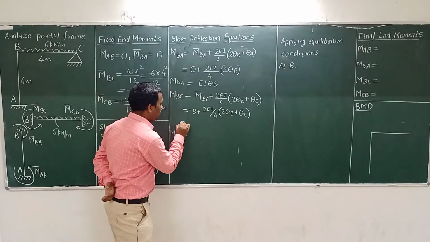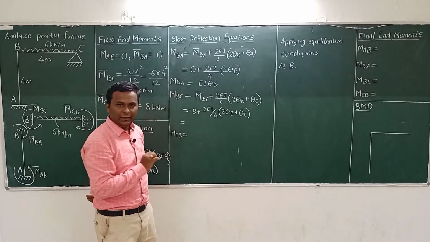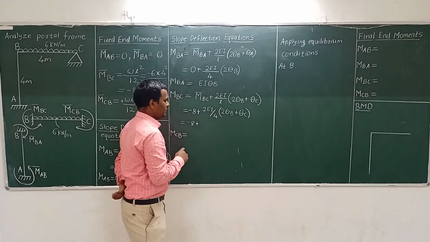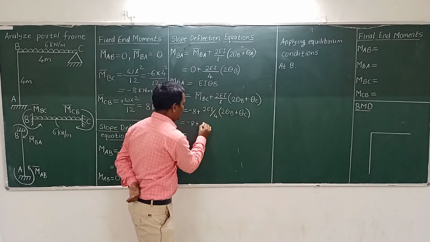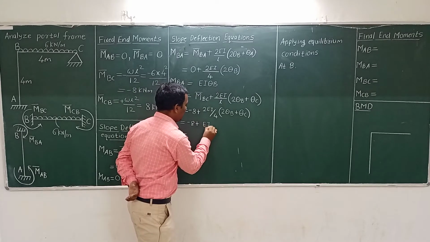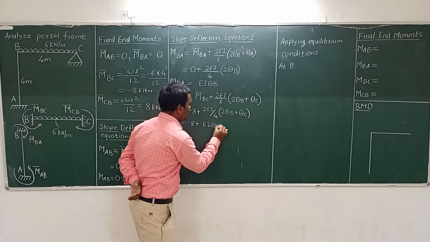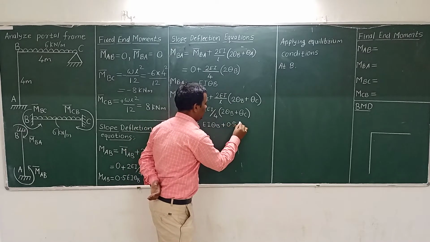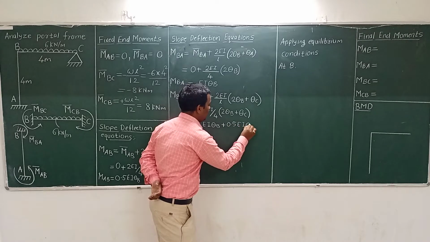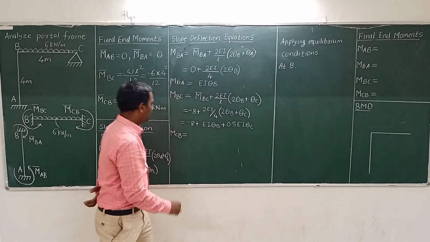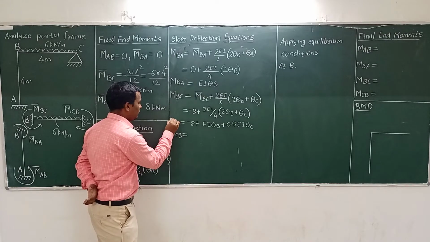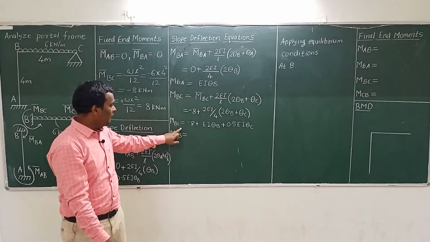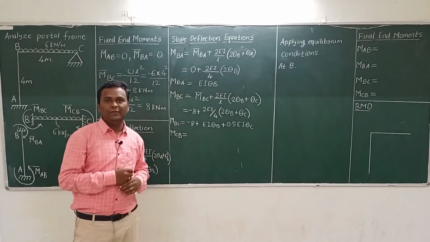When we solve it, we get minus 8 plus, when you multiply inside the bracket, EI theta B plus 0.5 EI theta C. So here you get the equation for MBC.